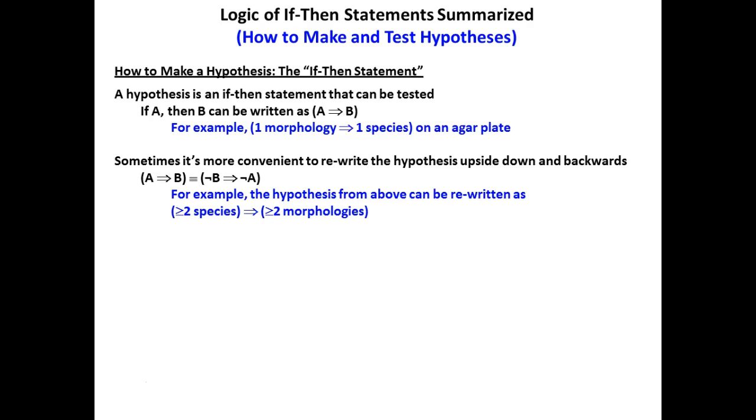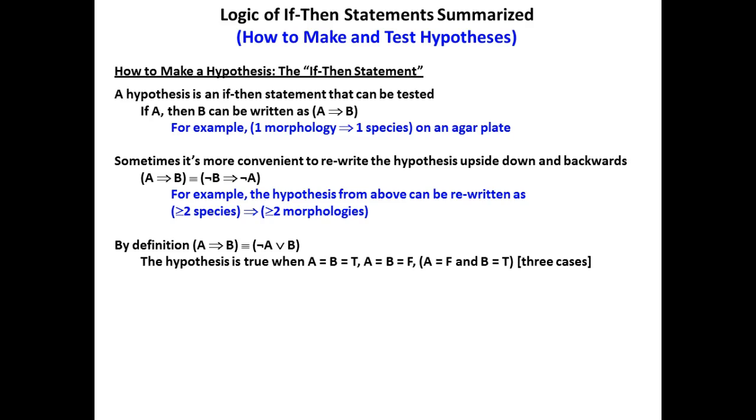Right, so this hypothesis is not true, because A and B are not always true. You don't always have one species in one morphology. So if either one of them doesn't match up, then our hypothesis is false.